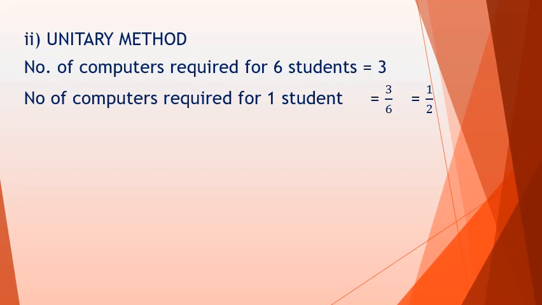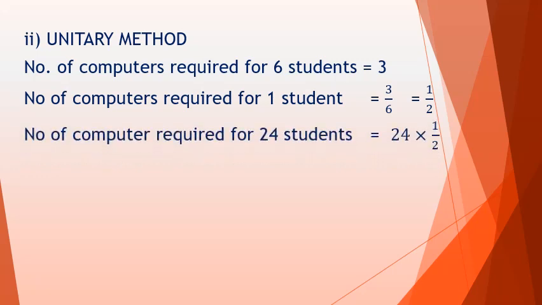So next is how many computers are required for 24 students. As we know the value of 1, to get to 24 students, we just multiply. Therefore, the number of computers required for 24 students equals 24 multiplied by 1 by 2. After cancelling, we get 12.